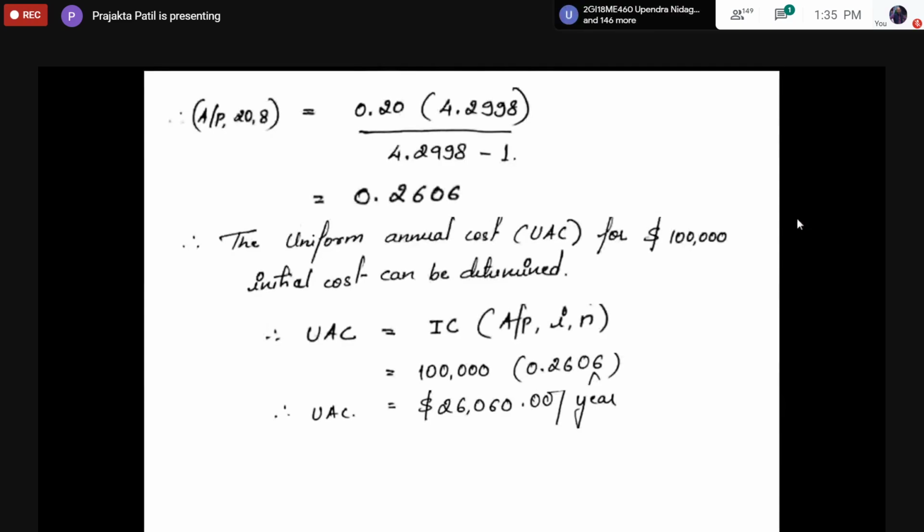Now this has to be divided by the number of hours the machine is actually operating. That data is also specified in the problem statement. It has an 8-hour shift for 250 days in a year.